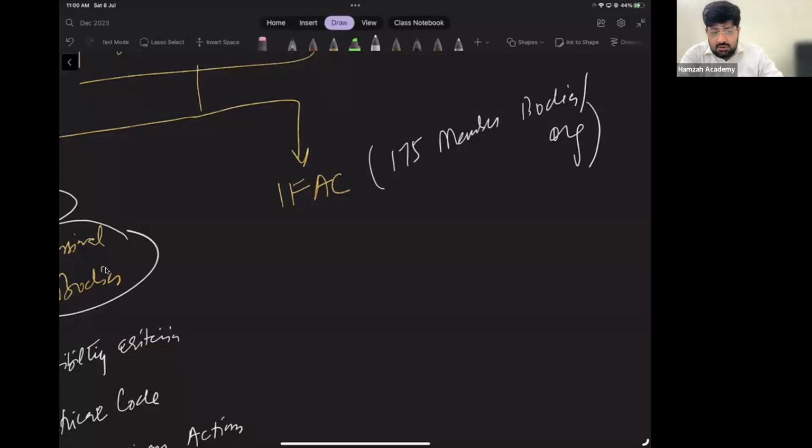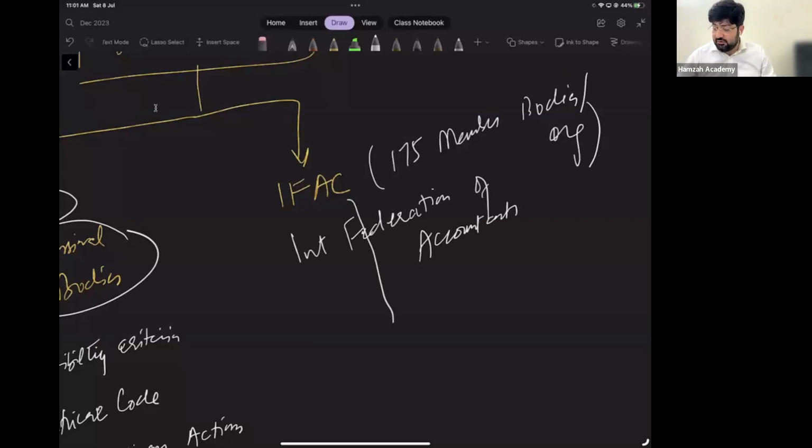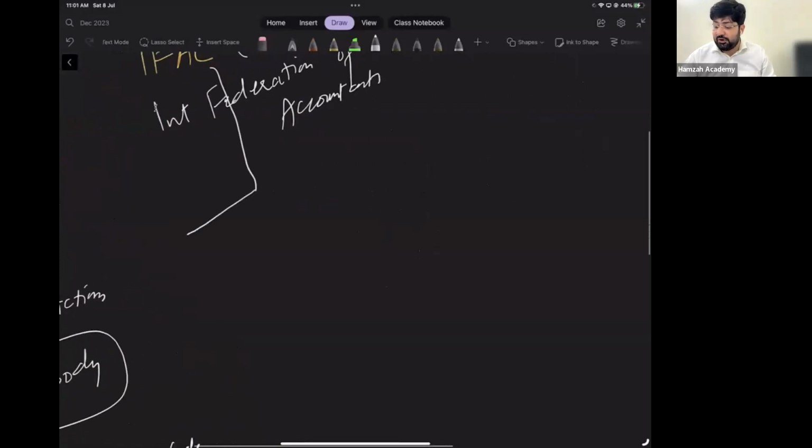Students, International Federation of Accountants. It has 4 sub-bodies.